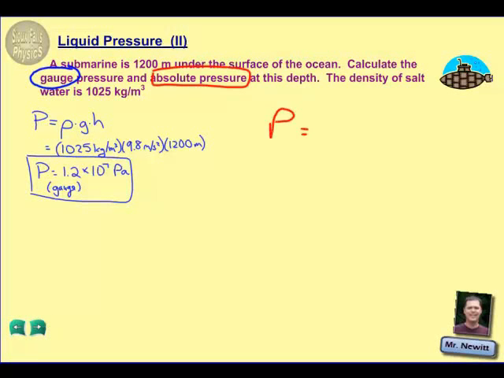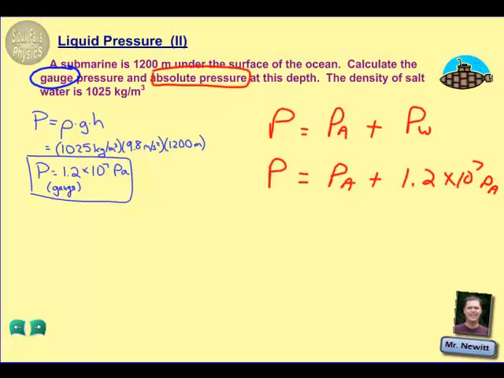Our pressure equation now needs to include the atmospheric pressure in addition to the pressure that the water puts on the vessel. Okay? The gauge pressure was the pressure that the liquid, or the water, put on there. So we've already figured that out. We know that that's 1.2 times 10 to the 7th pascals.